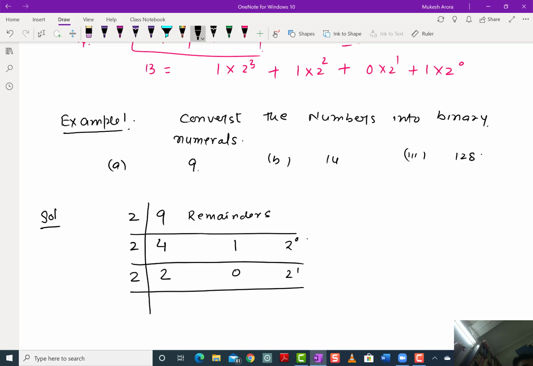Again 2 divided by 2 is 1, the remainder is 0, 2 raised to the power 2, and the last place is 0 because 0 is left, and the remainder is 1, and this will be 2 raised to the power 3.